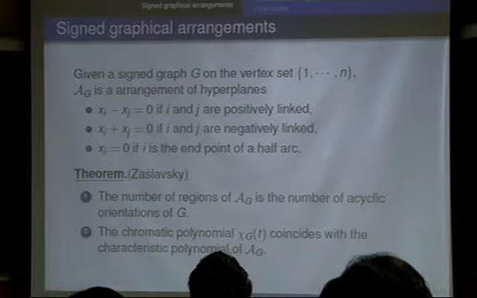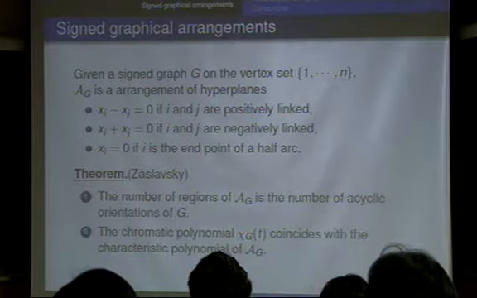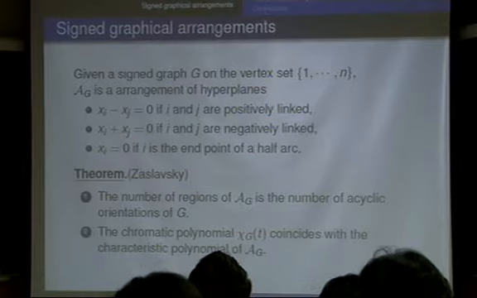The characteristic polynomial is a polynomial that encodes the information of the intersection lattice of the hyperplane arrangement. The intersection lattice is the partially ordered structure of all the intersections appearing in the arrangement. The order is just inclusion.